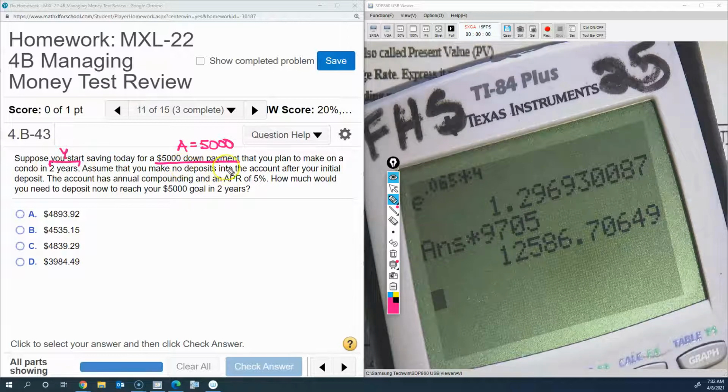Assume that you make no deposits into the account after the initial deposit. The account has annual compounding, so that means N is 1, and the APR is 5%. How much would you need to deposit now? So this is the principal, which you don't know.